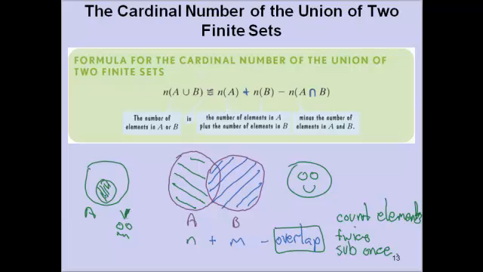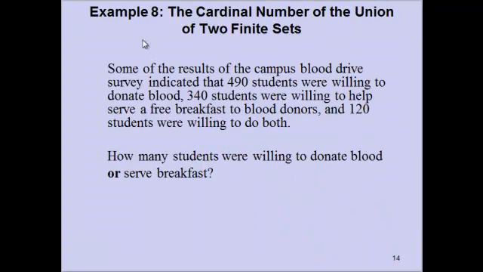So now let's work an example. Instead of just looking at this theoretically, let's work an example. Example 8, cardinal number of the union of two finite sets. This is going to be very much like your survey. We did an example like this in class, but let's take another look.